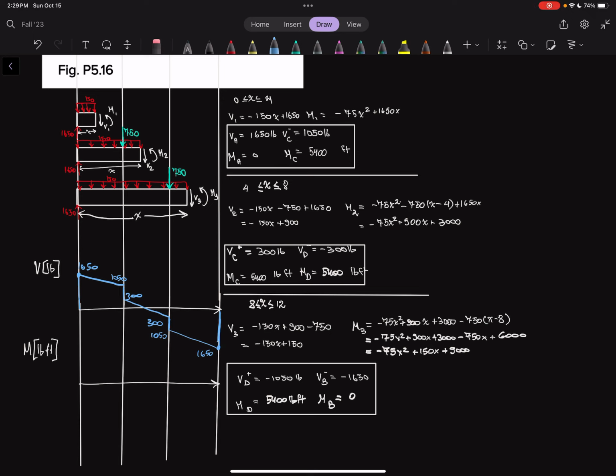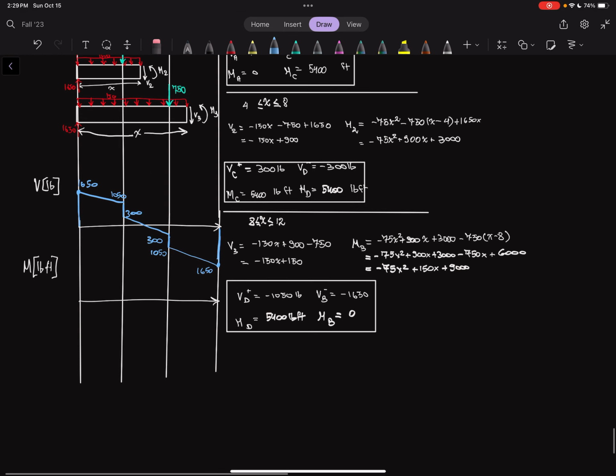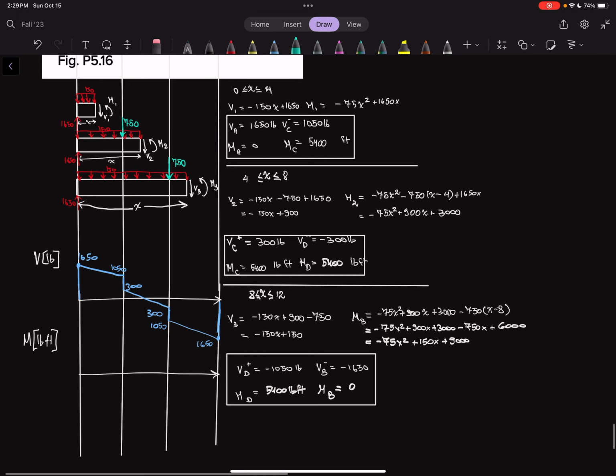The slopes should, I'm trying to think if they should all be the same. Well, minus 150 in all of them, yeah. They should all be parallel. Okay, so now we're going to look at the moments. The moment is quadratic, negative, so it's concave down.